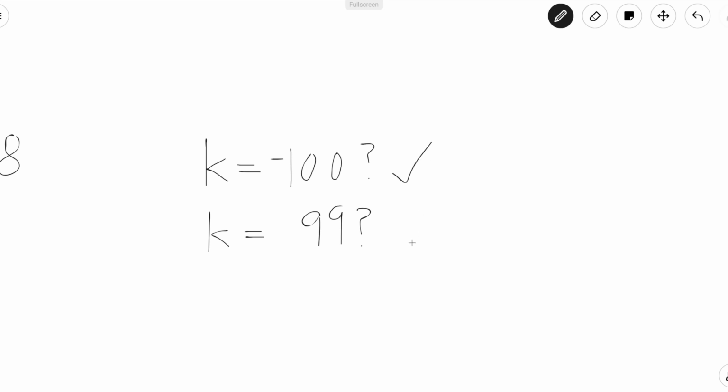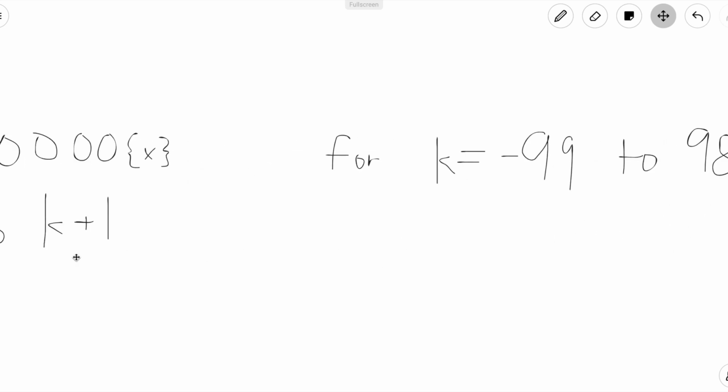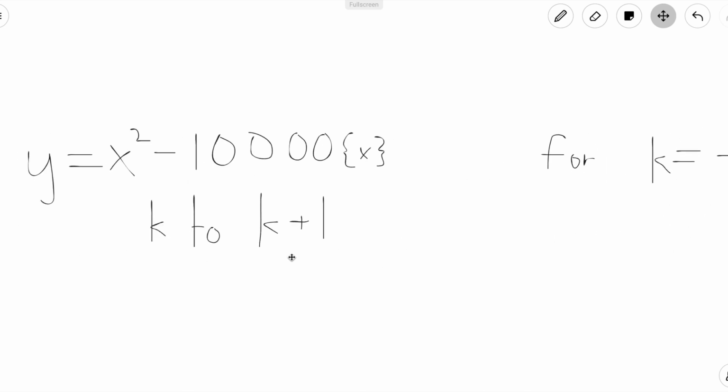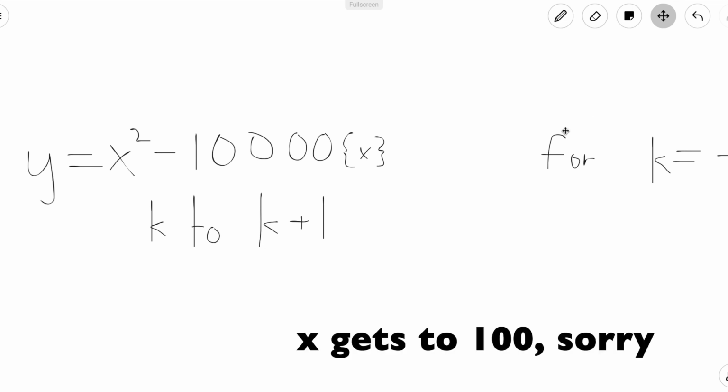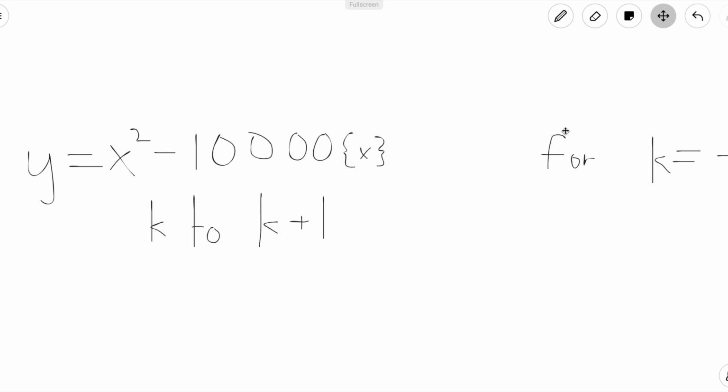But what about k is equal to 99? Well, again, it starts off positive with x squared equals 99 squared minus 0, which you get that y is equal to 99 squared. But when x gets to 100, x squared minus 10,000 times the fractional part of x will not intersect because when we take x equals 100, x squared is 10,000.